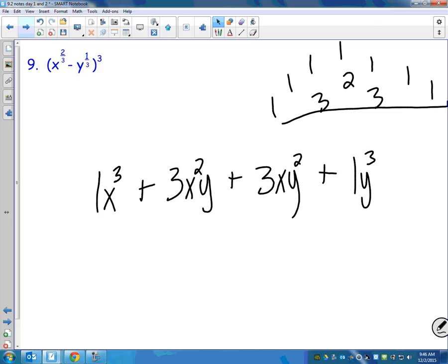Then, super exciting, we get to plug these in. So for every x, we're going to replace it with x to the 2/3, and for every y, we're going to replace it with negative y to the 1/4.